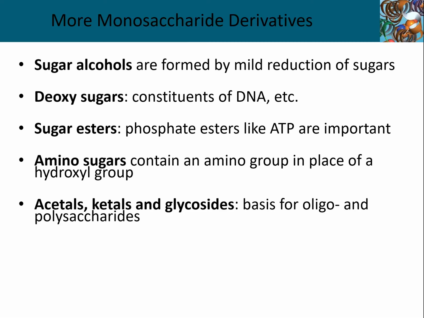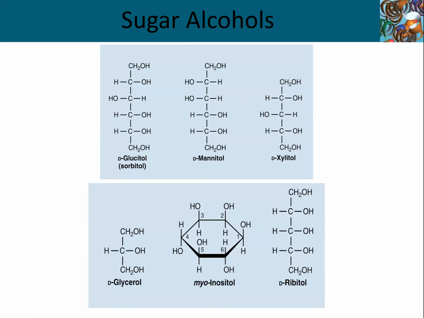And then we have glycosides, which are going to be really important for forming oligo and polysaccharides, which are polymeric versions of these monomeric sugars. So not only can you modify these sugars in tons of different ways at the hydroxyl groups, but then you can make polymers of them, which are incredibly varied. If you just use your imagination quickly, you can think of the spectacularly complex and varied chemical surfaces that this can form, in addition to sugar being interesting as energy.